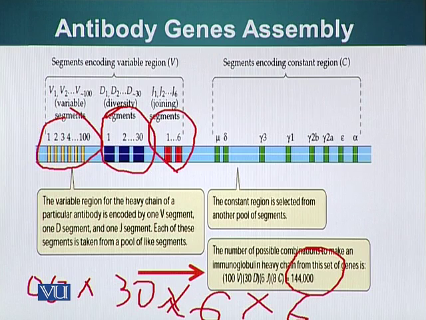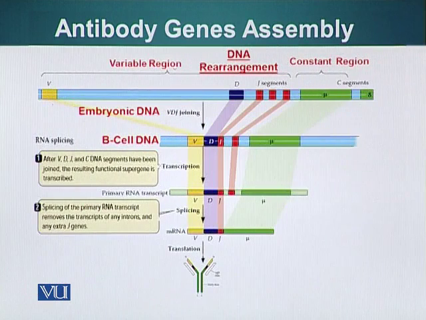If we say that we have the same type of formula for the light chain, the total number of possible combinations of the light and heavy chains will be 144,000 times 144,000. So this number goes over 1 billion. This is one of the mechanisms B cells use to generate diversity.